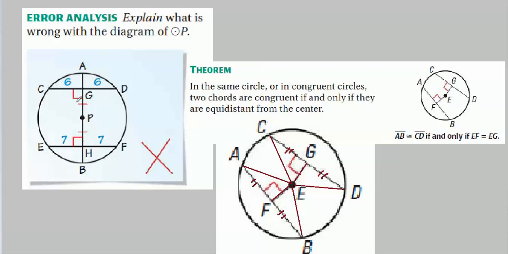Well, now we can see that this can't be right, because these two are equidistant, but this would be a total length of 12, and this would be 14, and that's no good. To put it another way, 12 doesn't equal 14, so this must be wrong. The important part of this problem was to remember or recognize this theorem.